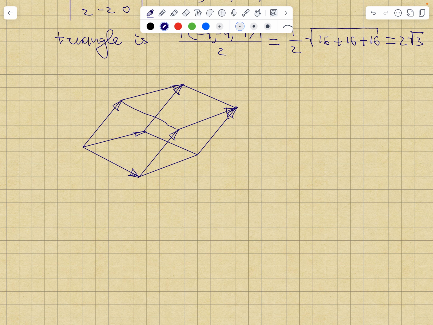And so you end up with a box, and this box has vectors A, B, and C as its sides, right? So if I highlight this one, and that.